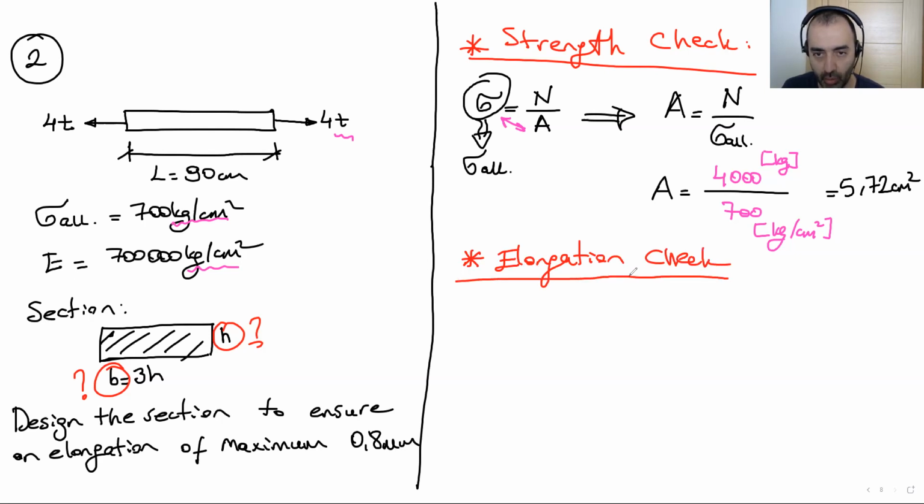Elongation check. We have a limit, right? Which is here, 0.8 meter. So we know what is delta L, and L over EA.